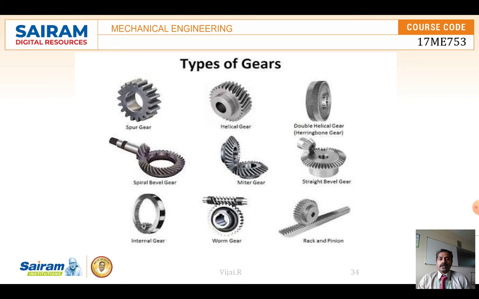Okay, and helical, where the teeth are at some inclination angle, so that the contact with the other gear will be more, which is helpful for making more torque. For where more torque is needed, we can use this helical type of gear. And moreover, double helical, with helical teeth on both sides, is called a herringbone gear.